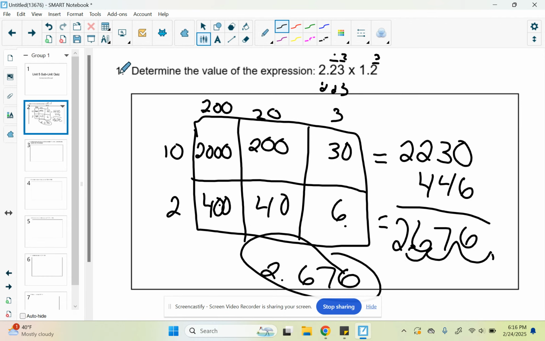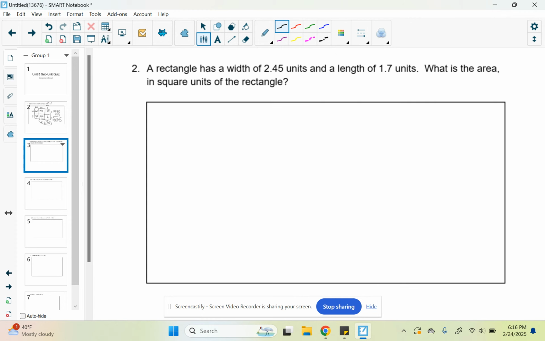All right, let's keep going. A rectangle has a width of 2 and 45/100ths units and a length of 1.7 units. What is the area in square units of the rectangle? To get the area of a rectangle, we need to do length times width. So we're doing 2.45 times 1.7.